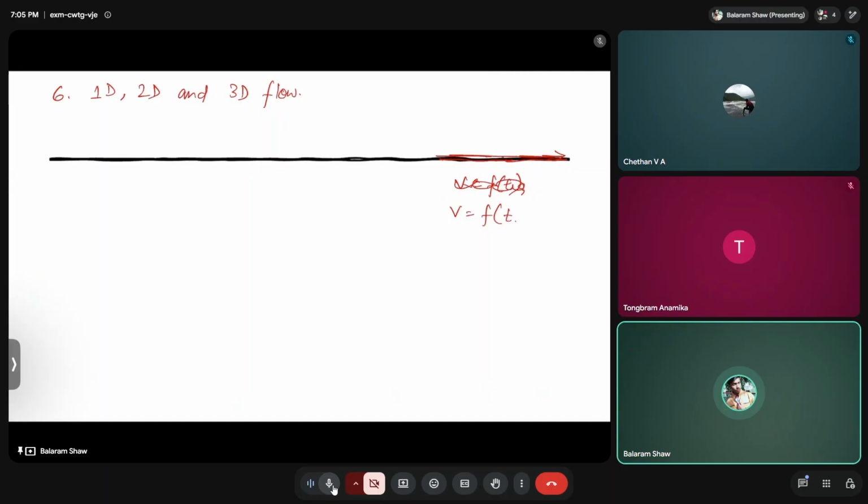So we can write this q in three dimensions as qx i cap plus qy j cap plus qz k cap. So in all three directions there will be a specific discharge, that is qx, qy and qz. Generally we see qx, qy, qz in the Cartesian system; you can see it in any other system also.